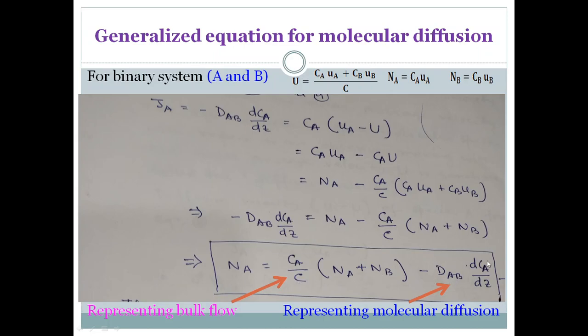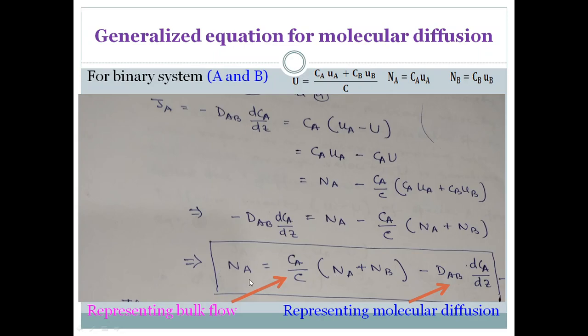One contribution is coming from the molecular diffusion, that is the capability of a particular species, meaning how much higher velocity that species has compared to the molar average velocity. And this term represents the contribution of the flux because of bulk flow.